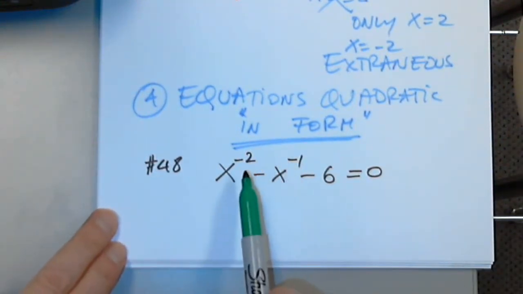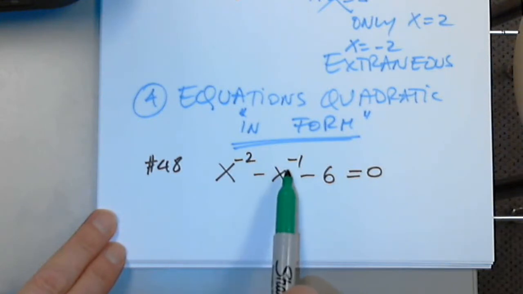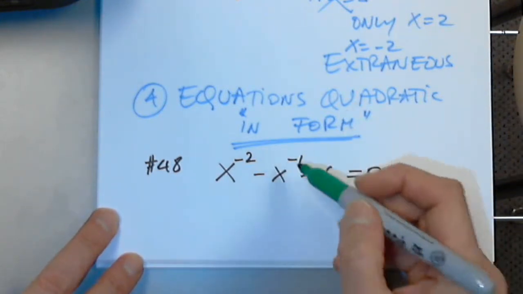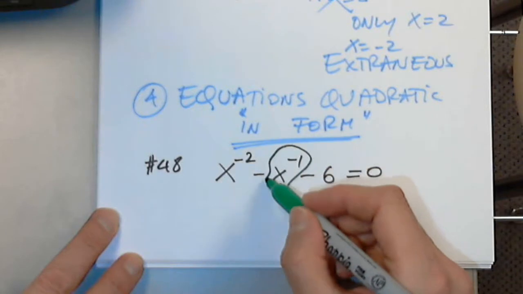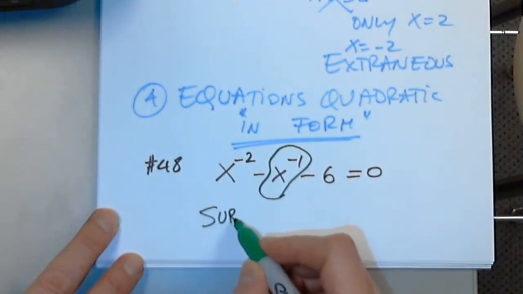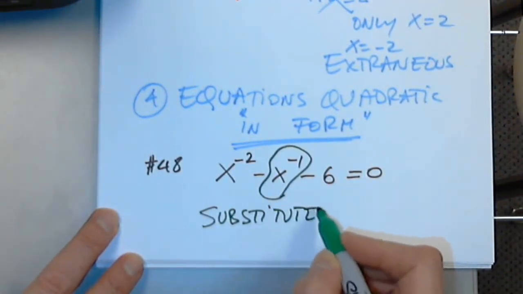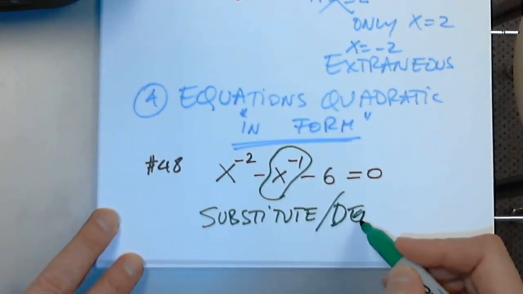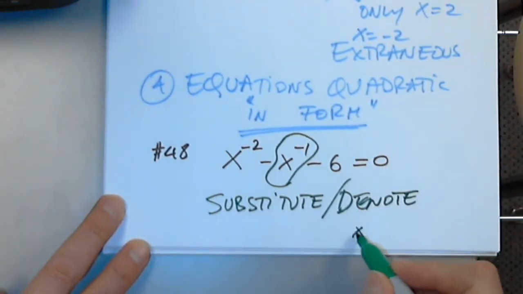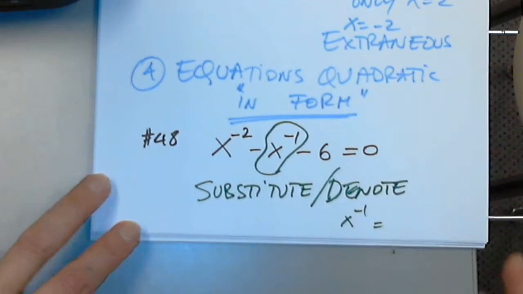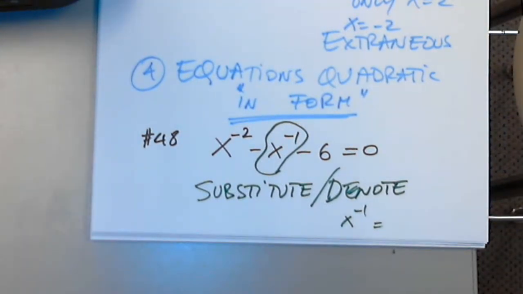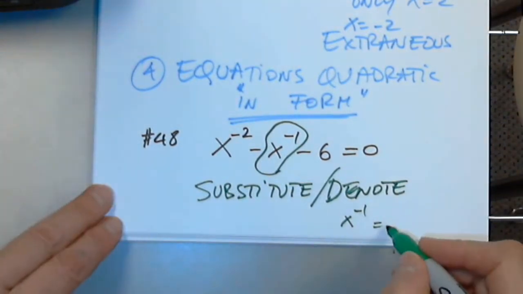So I'm going to look at these two powers and say, let's see what happens if I denote or substitute x to negative 1 by any letter you will prefer. Give me a letter, not x. H. Okay, awesome.